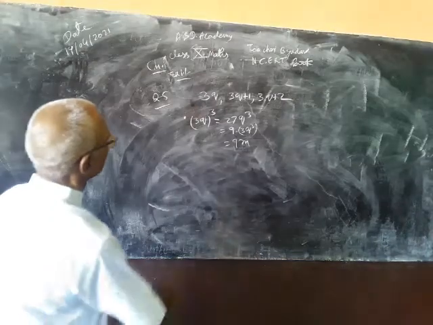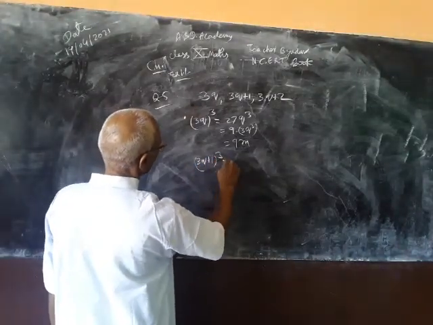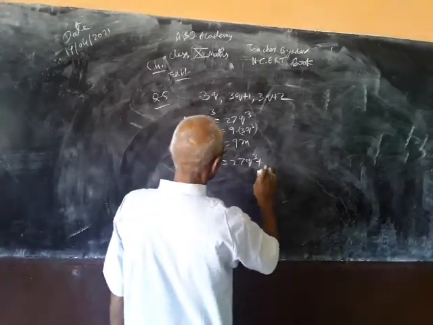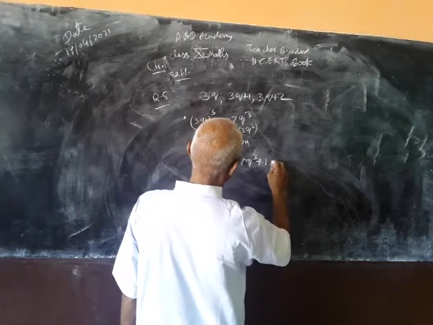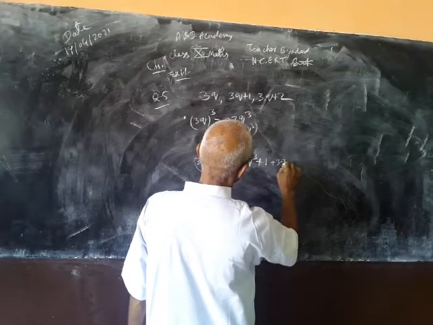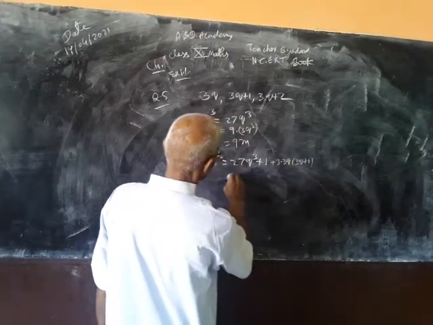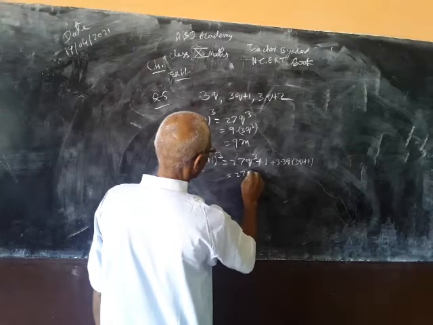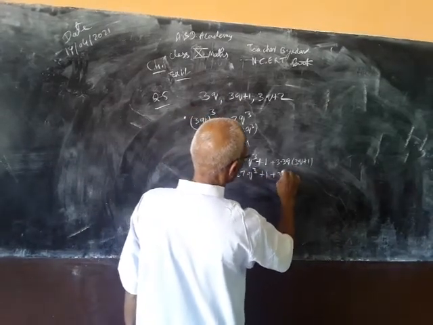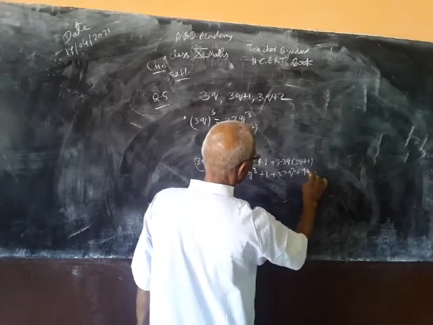Second, 3q plus 1 whole cube is 27q cube plus 1 plus 27q square plus 9q.